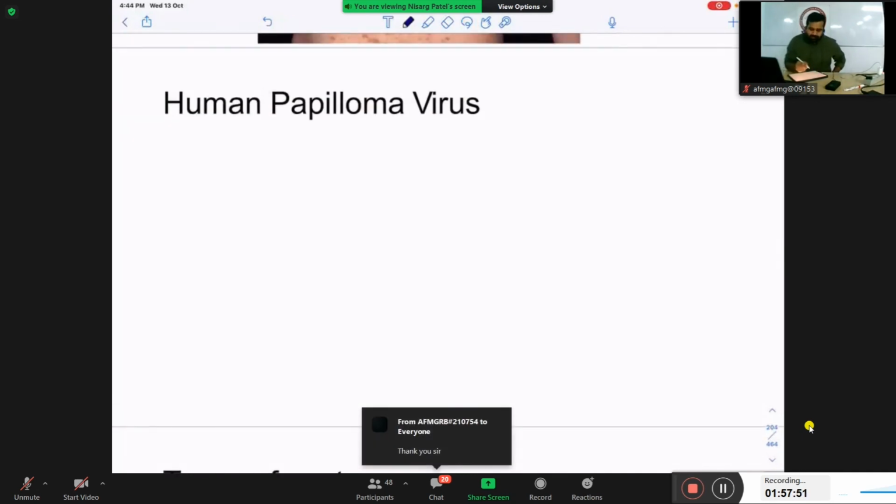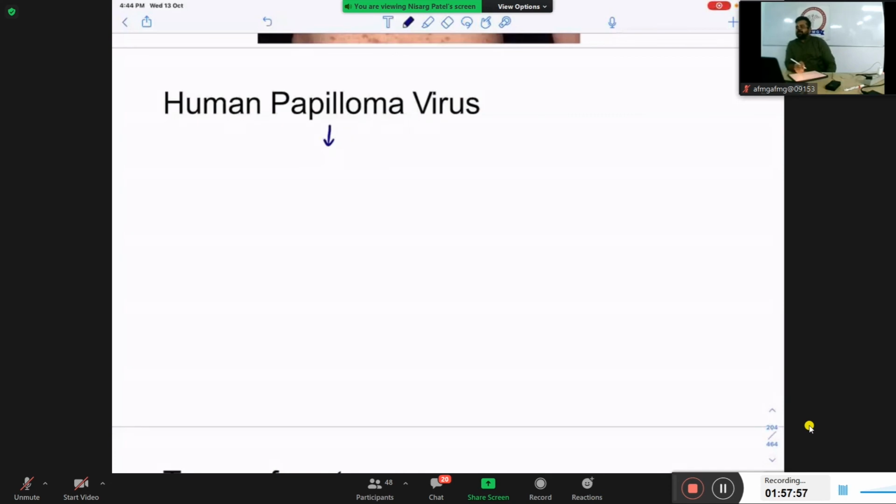Okay, human papilloma virus. Which disease is caused by the human papilloma virus? Cervix, but what else? It causes warts. HPV is a DNA virus or an RNA virus?